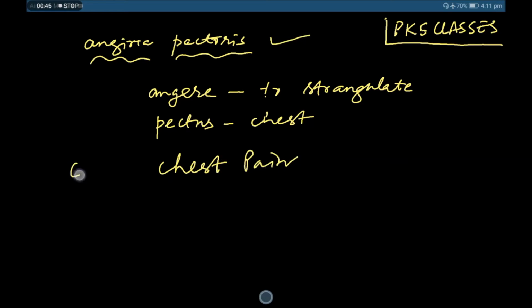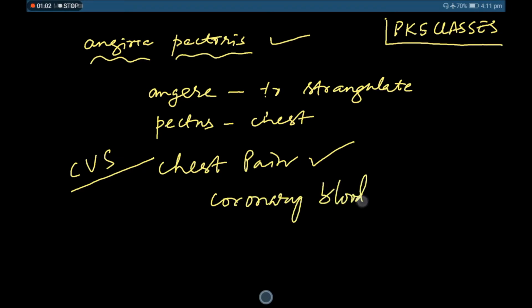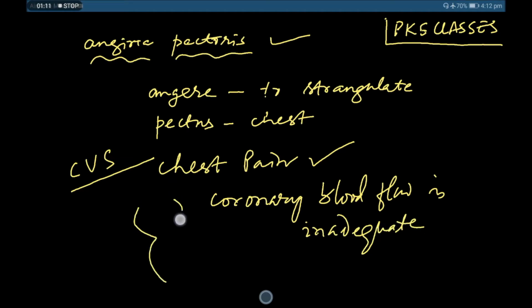So it is a cardiovascular disease where there is chest pain, and this occurs when the coronary blood flow is inadequate. The coronary artery is the artery which flows blood to the heart. Your heart's main function is to pump blood, a work it has to do continuously, and for this it needs energy and oxygen.